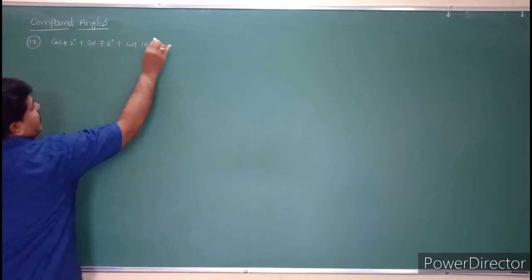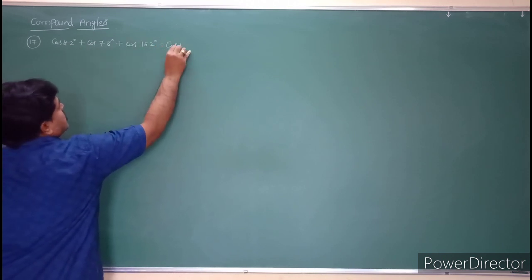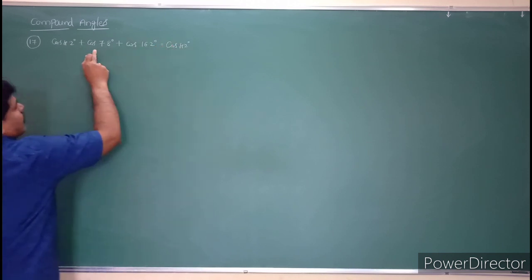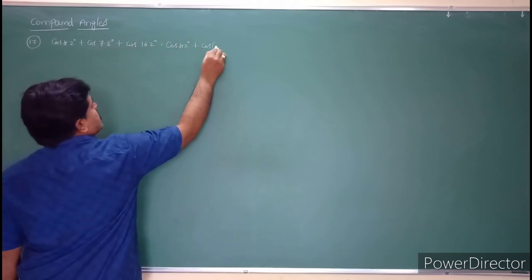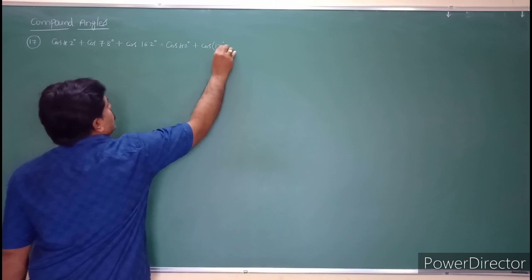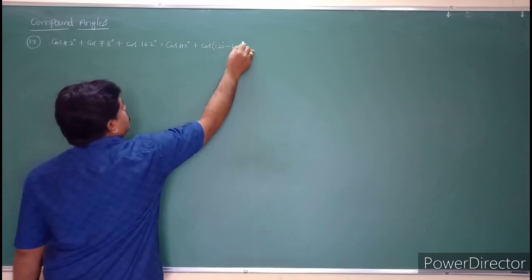first you have to identify cos 42 degrees, cos 78. What is this cos 78? It is nothing but cos of 120 minus 42.